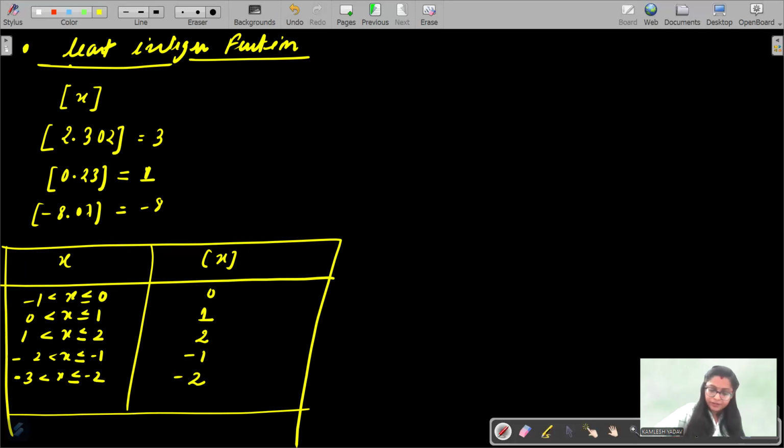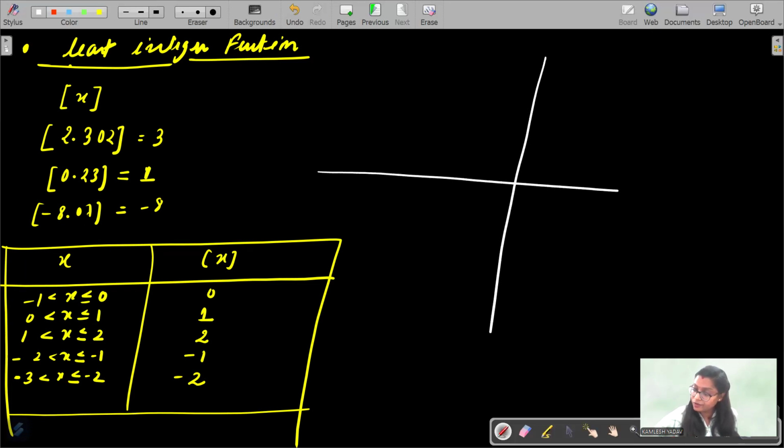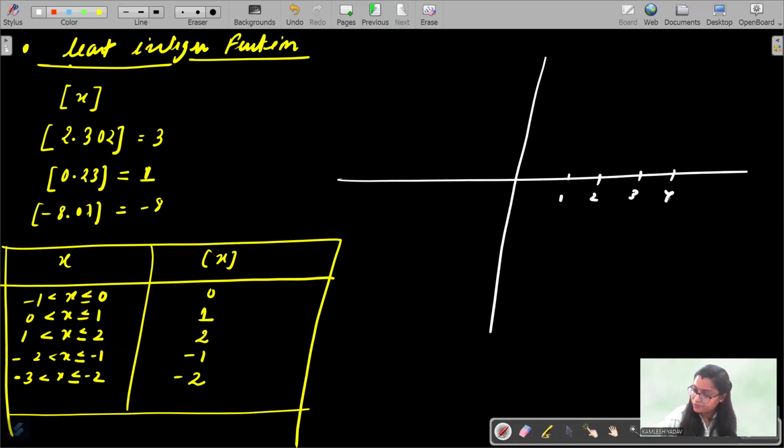Okay, now we go for the graph of least integer function. So the graph of least integer function, see like this. 1, 2, 3, 4. First mention the point. Minus 1, minus 2, minus 3 and minus 4. Okay. So here the graph like this. Okay. Like this.